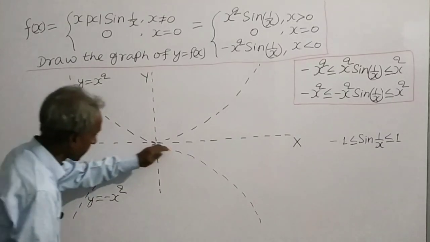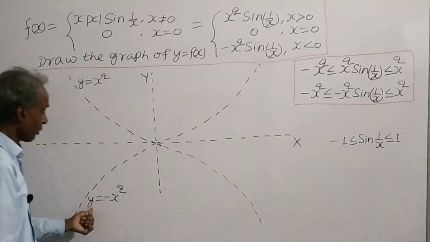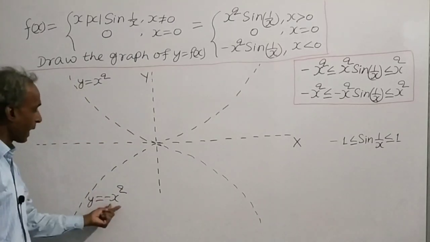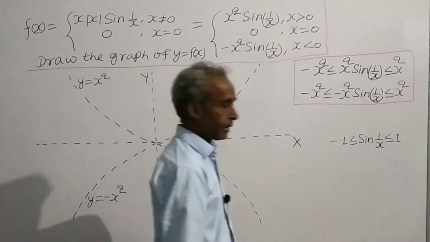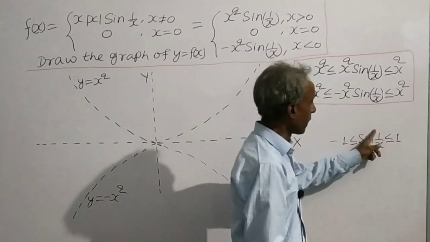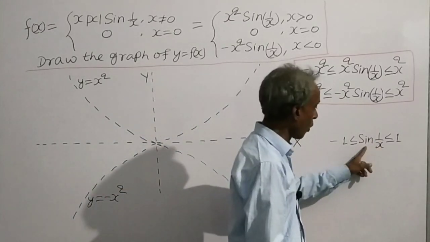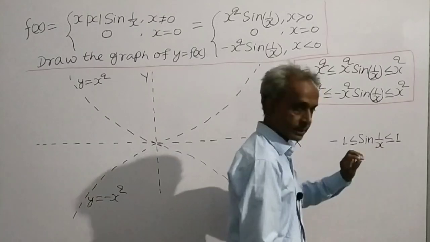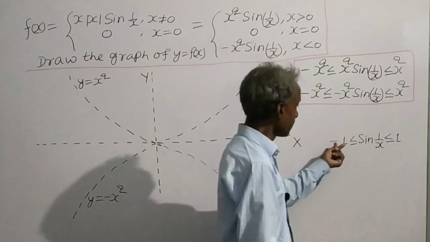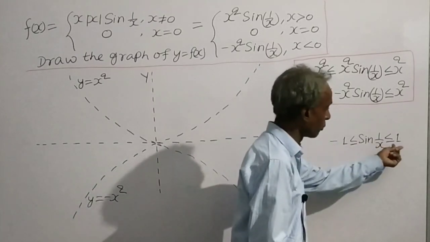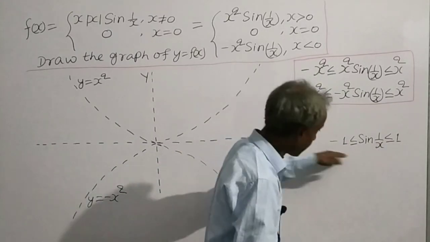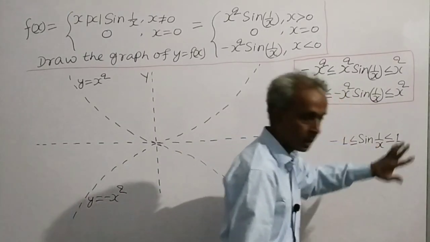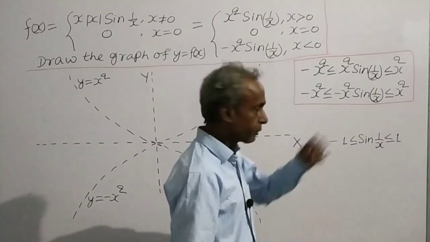This dotted curve is the y is equal to minus x square parabola. The value of sin 1 by x will change from minus 1 to 1, then again from 1 to minus 1, then again from minus 1 to 1, and so on.